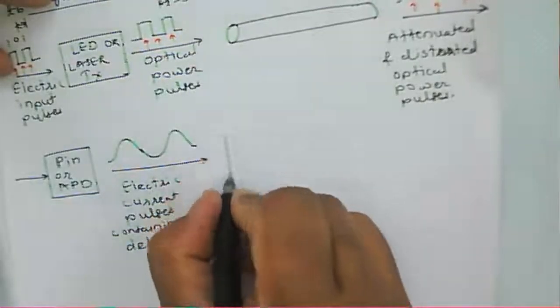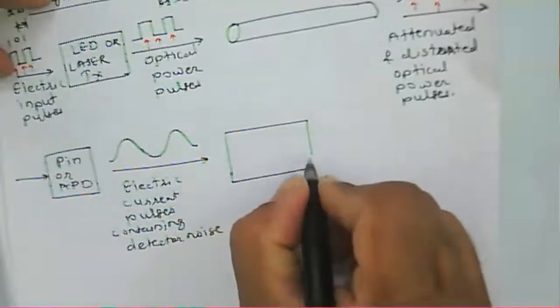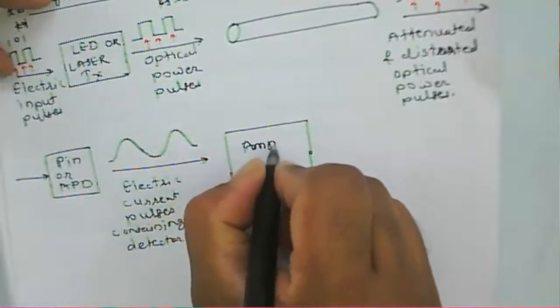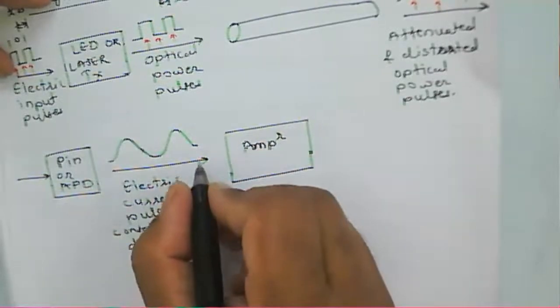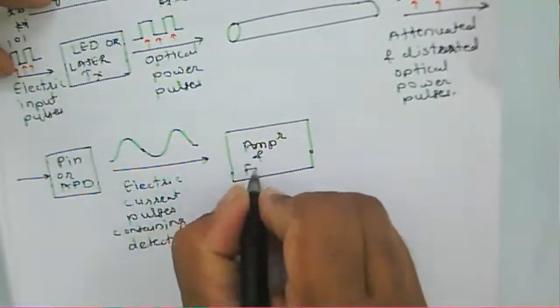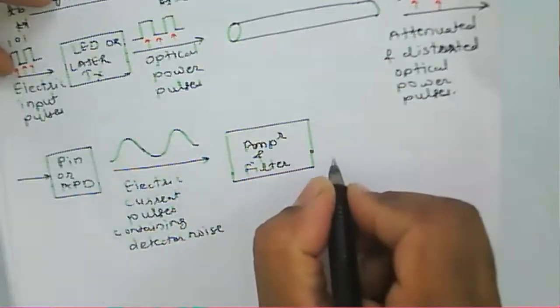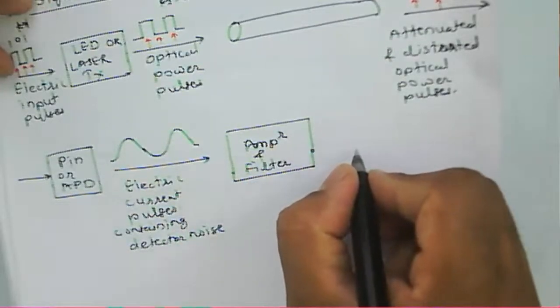And then we require an amplifier to amplify your signal and we require a filter to remove the noise.